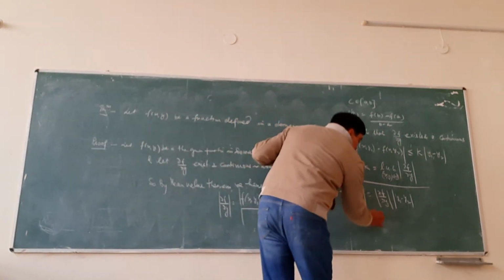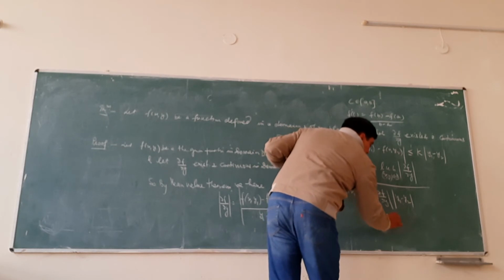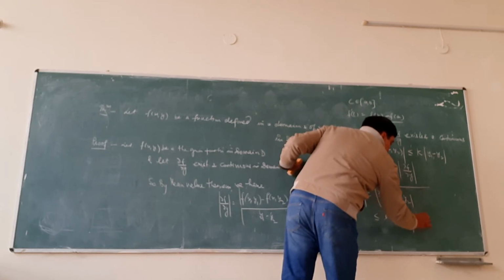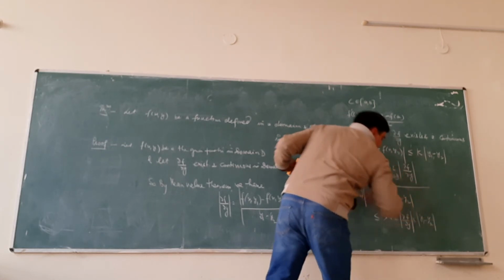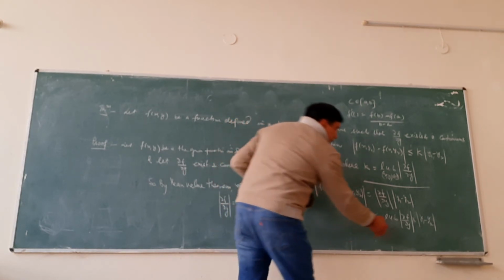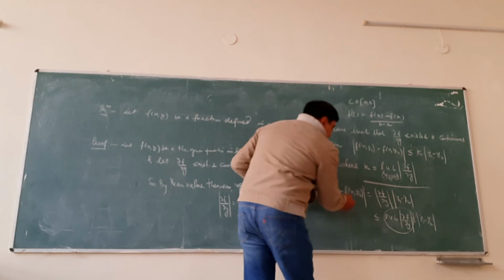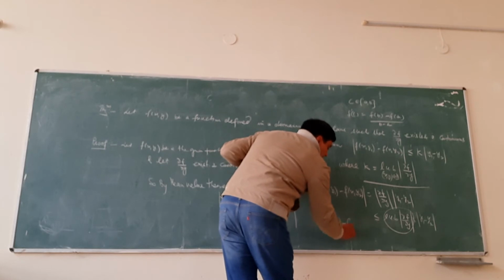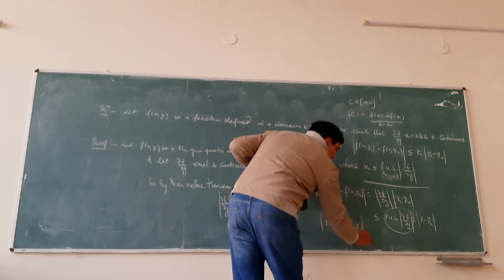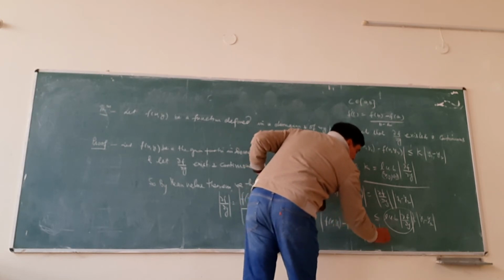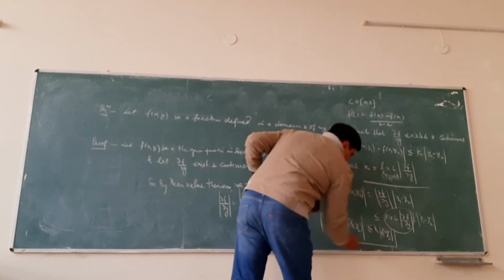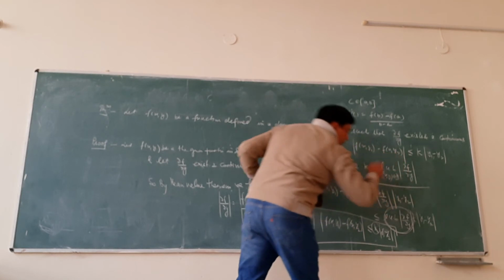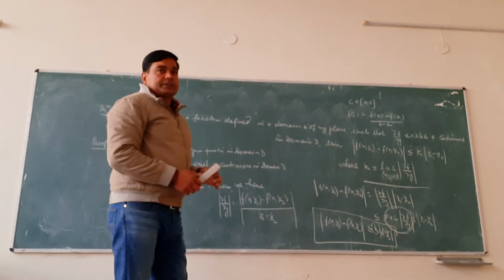And now this is less than or equal to least upper bound of mod of curly f by curly y multiplied by mod of y1 minus y2, and if we replace this by the constant k, then this inequality gives mod of f(x,y1) minus f(x,y2) less than or equal to k into mod of y1 minus y2, where this k is written in place of this number, and this is called Lipschitz constant.